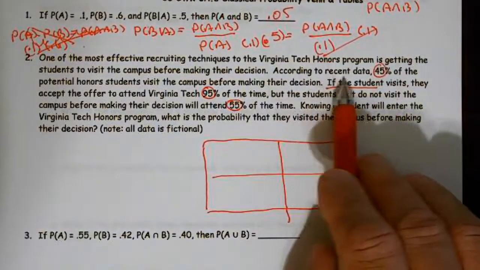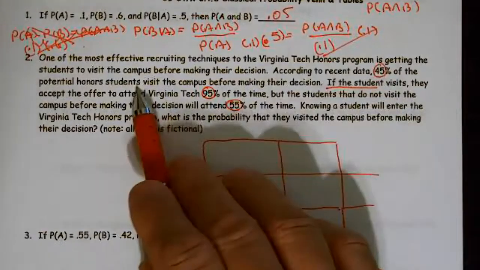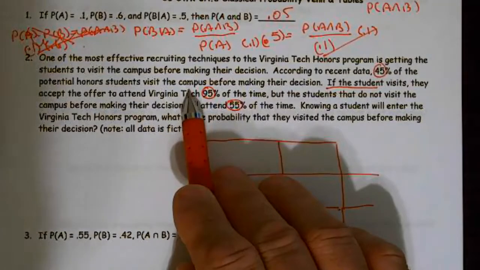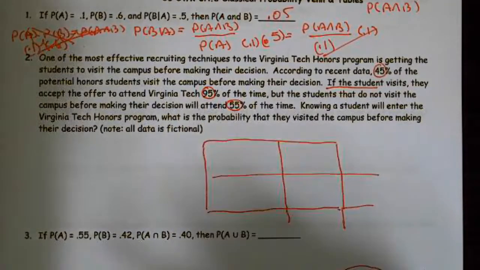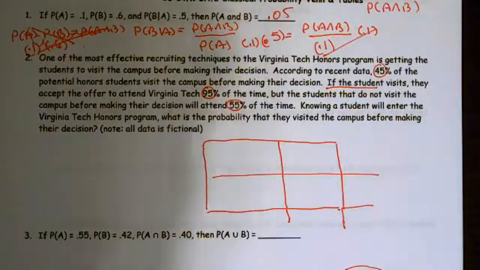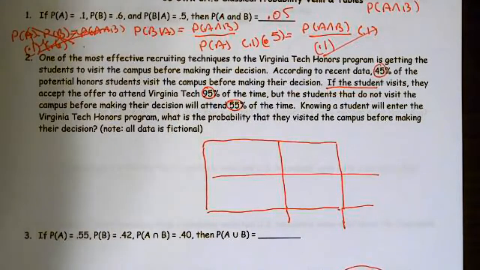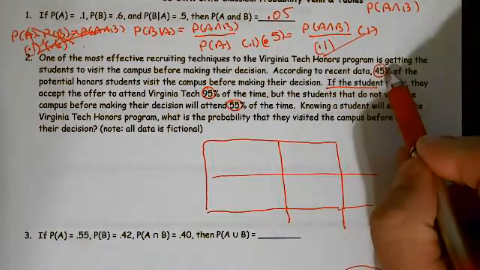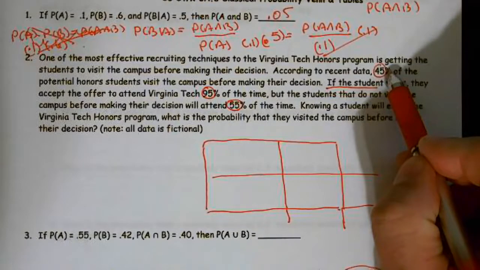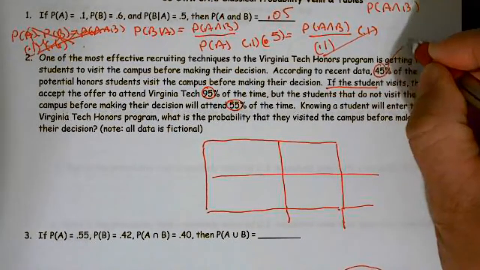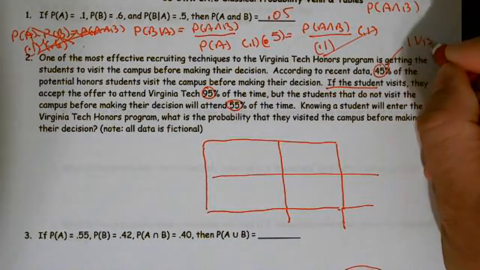It says, according to recent data, 45% of the potential honor students visit the campus. I also know that in this case, my two variables are visit and attendance. Well, this is only predicated on visit. So this looks like my one variable, and it happens to be on visit.